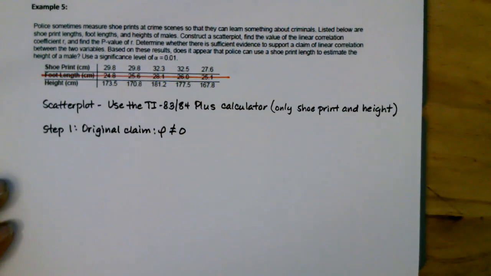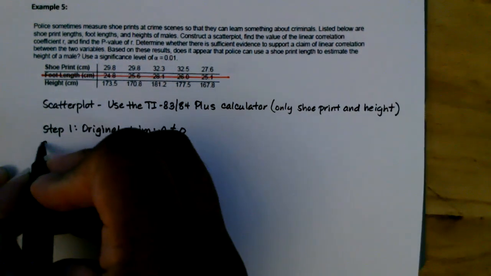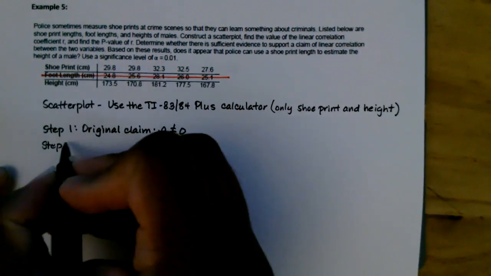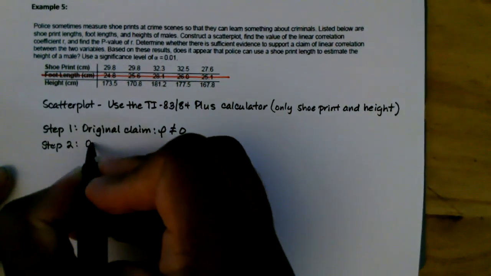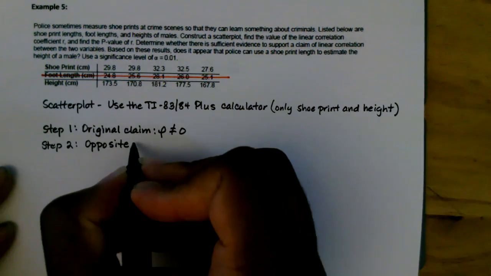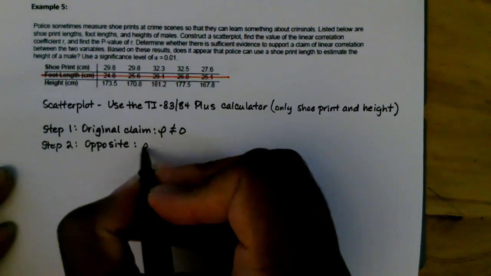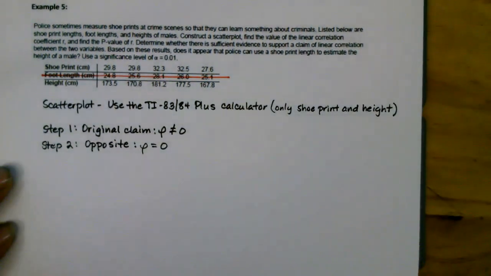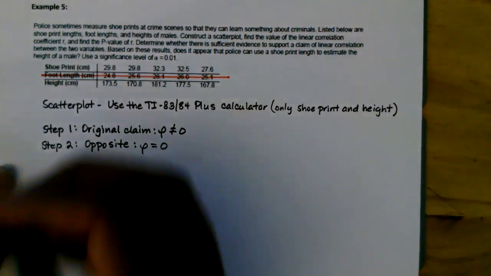That's our claim. Step number 2 is the opposite of the original claim. And that's, of course, rho is equal to 0, meaning that there is no linear correlation between shoe print and height.